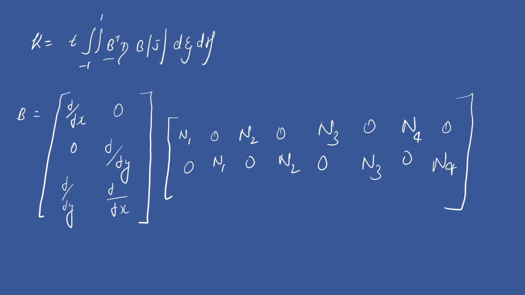You can find this is your differential operator, and this is your matrix comprising of your shape functions. So this is a 3 by 2 matrix, and this is a 2 by 8 matrix. So ultimately we'll be having a 3 by 8 matrix.